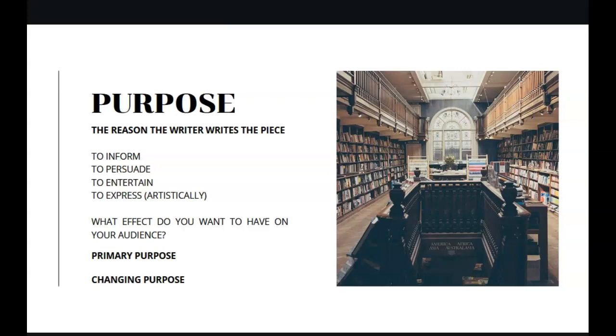Traditionally, we may say that writers are writing to inform, to persuade, to entertain, or to express something artistically.